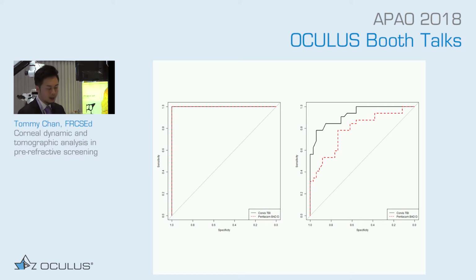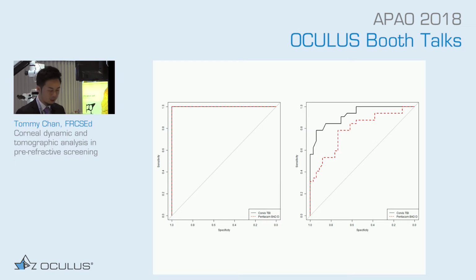So combining the two parameters, the BAD and the CBI, will improve the diagnostic capacity of differentiating subclinical cases. That could definitely help us as refractive surgeons, because it helps us screen people with potential development of ectasia.